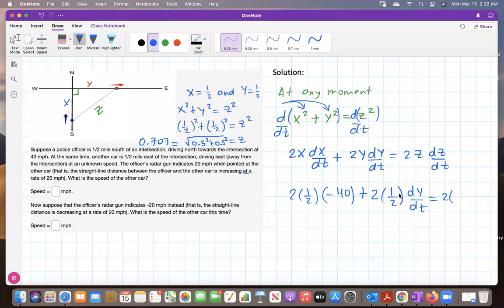So let's write here 0.707 times the rate of change of z over time, which is just 20 miles per hour, right? 20 here.